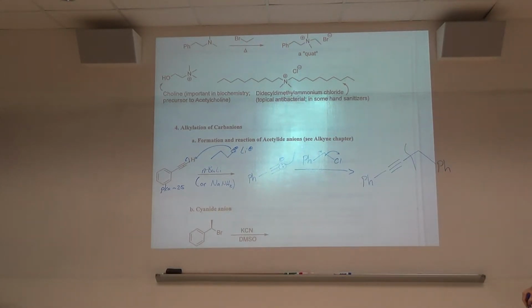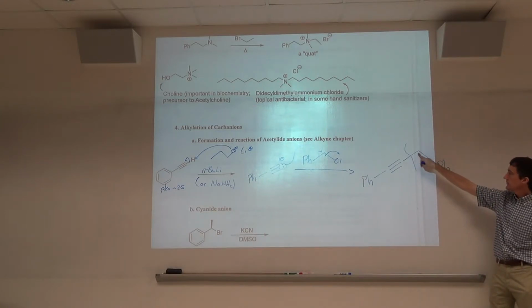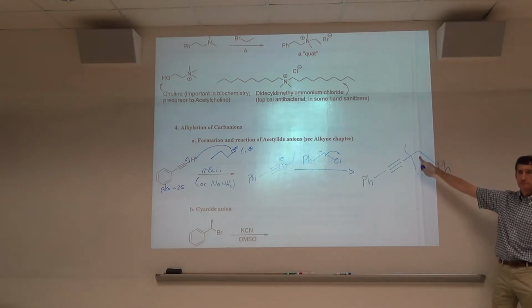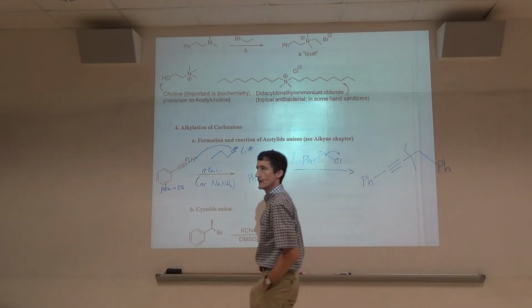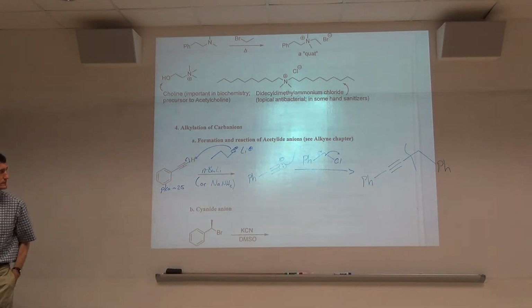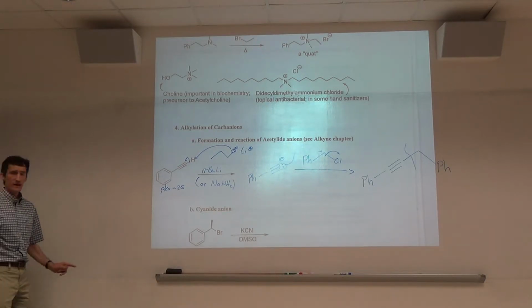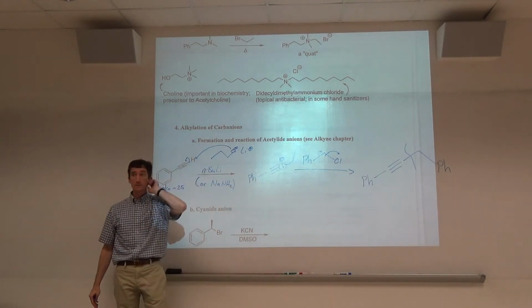So we get that right there. The alkyne carbon is now bonded to the benzyl carbon instead of the chlorine. And we generate Cl minus. So now we're back to having to generate the anion, like we did in the Williamson ether synthesis.